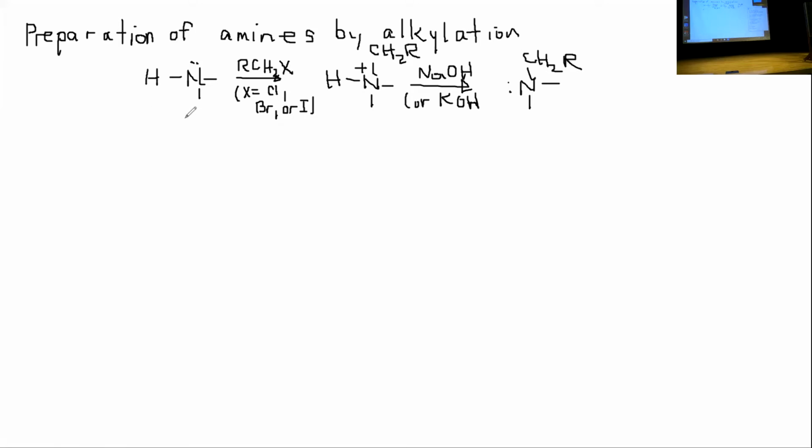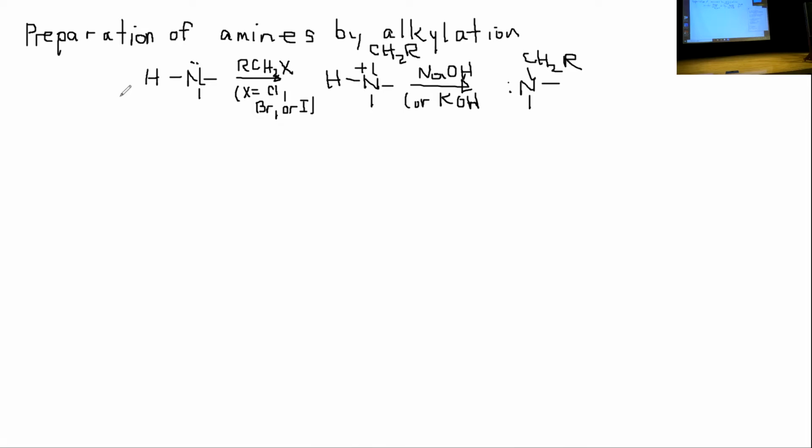But the best way we have to make amines is to take either ammonia or a primary or secondary amine. And we defined primary, secondary, and tertiary amines last time. So it has to be a compound with a nitrogen with at least one hydrogen still attached. If the amine is tertiary, it's not going to work because we need to be able to pull that proton off with a base.